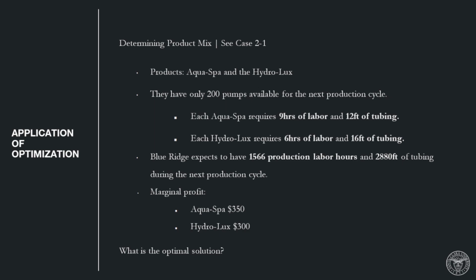In total, Blue Ridge expects to have 1,566 production labor hours and 2,880 feet of tubing. As estimated based on the historical data, Blue Ridge has a profit margin of $350 for Aqua Spa and $300 for the Hydro Lux.